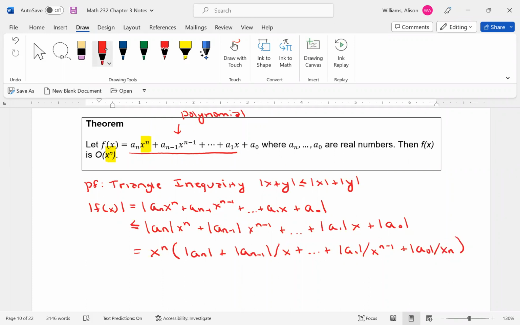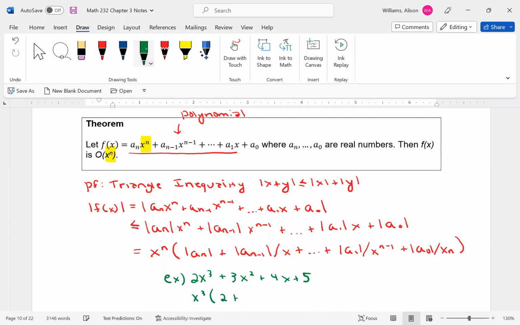Okay, really quick, in case that felt a little too fast, let me do an actual example. Let's say I have x cubed here. Let me actually put a number in front: 2x cubed plus 3x squared plus 4x plus 5. I'm going to factor out an x cubed. So the first term is just going to be a 2.